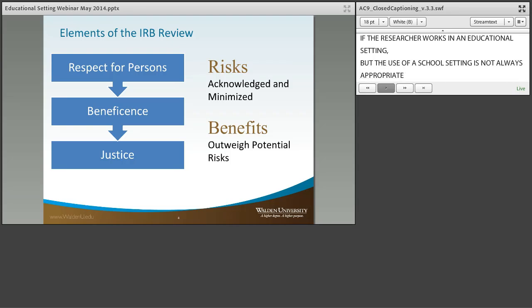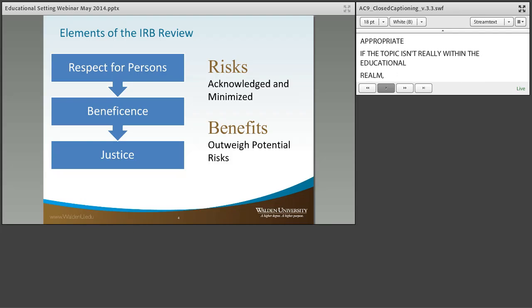And so we do need to make sure that we've considered whether the educational place, whether it be an elementary or high school or even a college setting, is appropriate based on what the topic is.